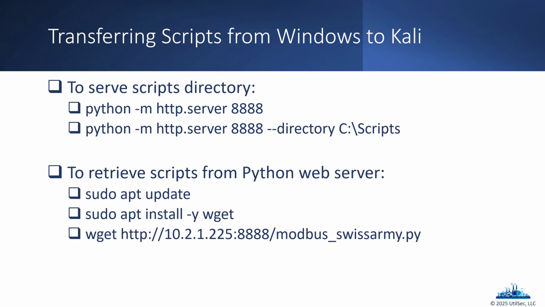Now, wget isn't installed on Kali Linux by default. So you can install it first with apt install -y, just to accept all the defaults, wget, and then wget and the URL with the name of the file you're trying to download. Like in this case, you would download the modbus Swiss Army Python script.